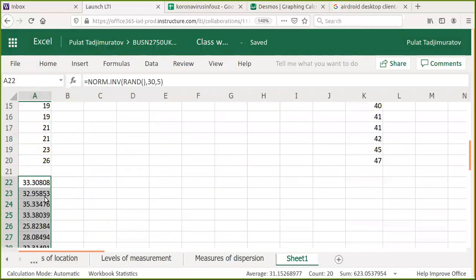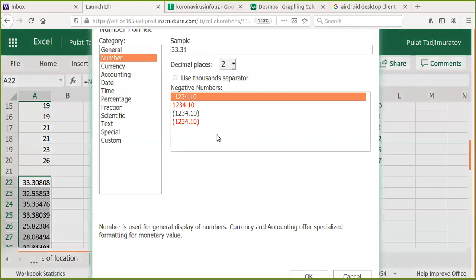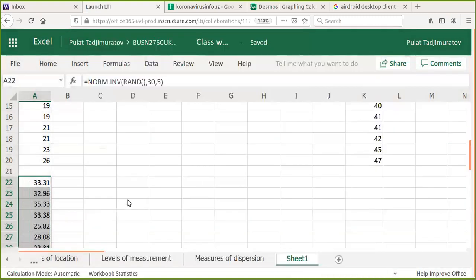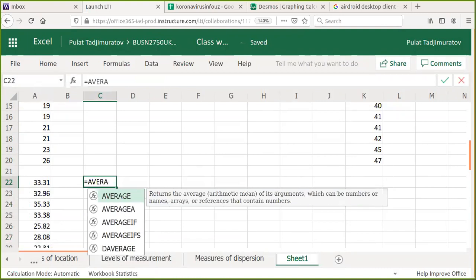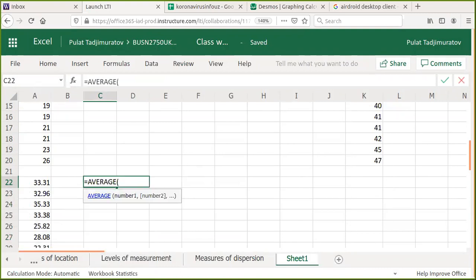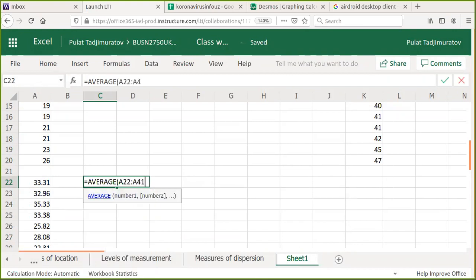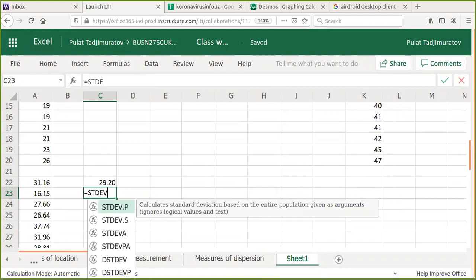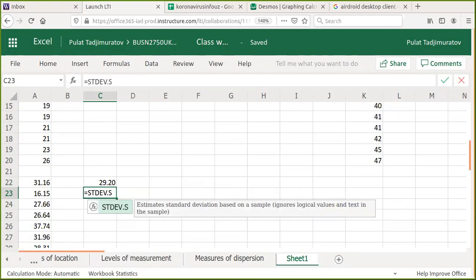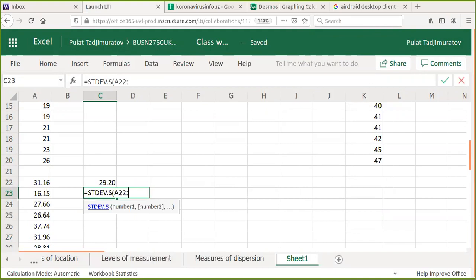I guess I changed it, but okay. Yeah, good. So again, average of A22 up to A41 and standard deviation of A22 up to A41.